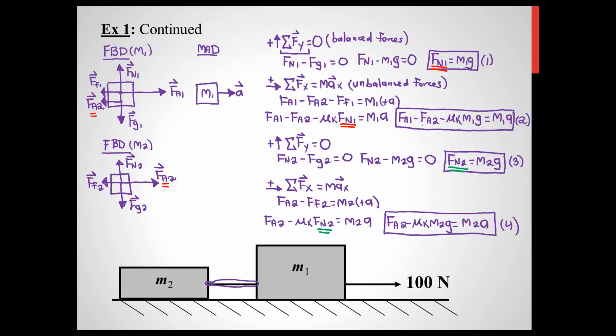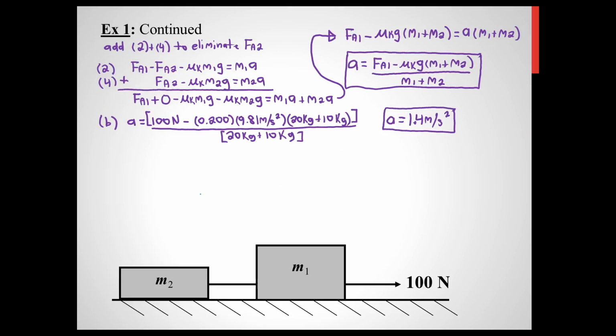If you solve for FA2 in both equations, you should get the same number. And if you don't get the same number, it just means that you calculated A incorrectly or you derived the equation wrong. I'm going to choose the equation that has fewer terms in it because it's easier to calculate. So that's equation 4. So we'll use equation 4 to get the applied force in that connecting rope.